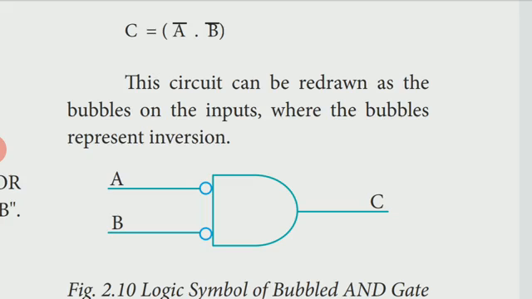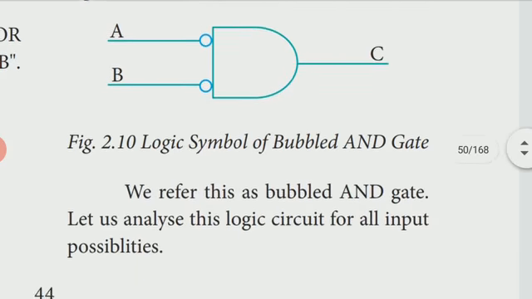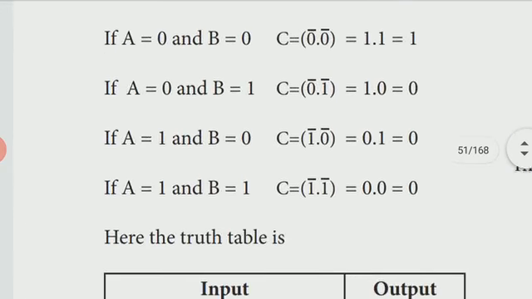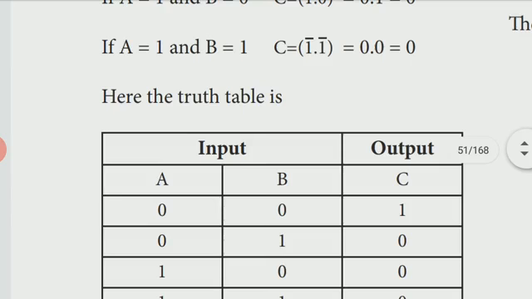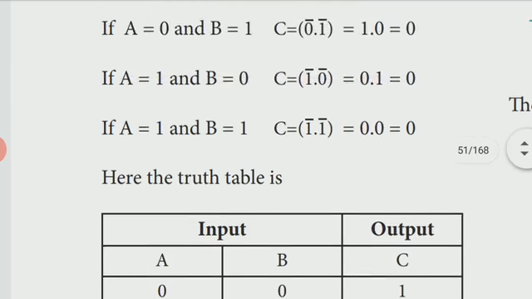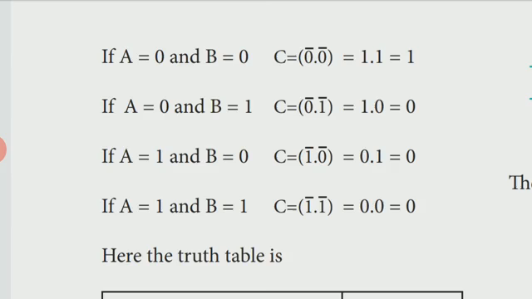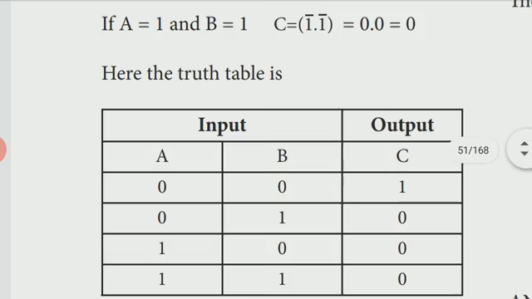The output we write is C equal to A complement dot B complement, and we can see the implementation of values. For example, in the truth table, consider A as 0, 0, 1, 1 in the first, second, third and fourth rows, and B as 0, 1, 0, 1.